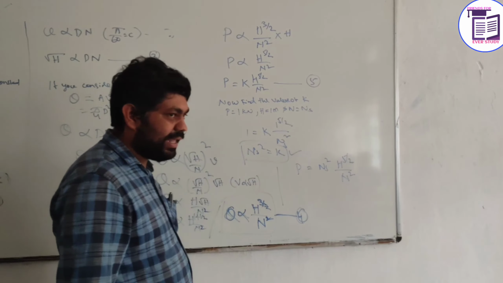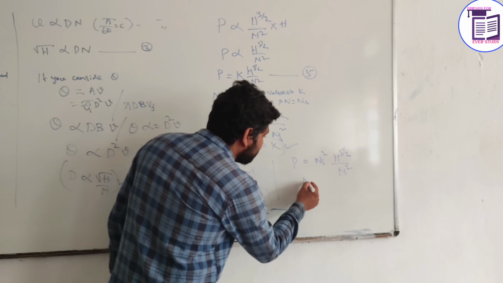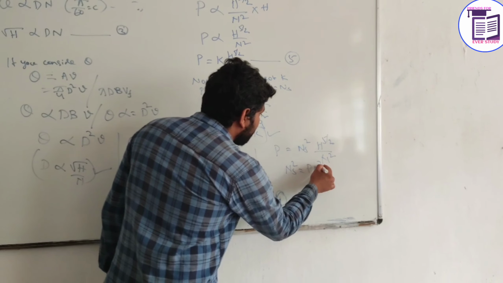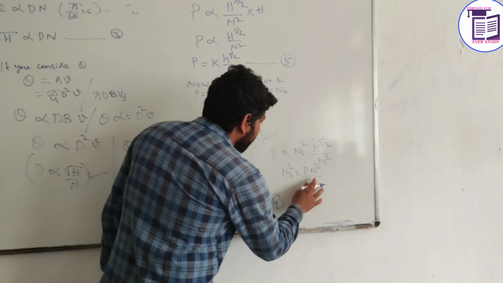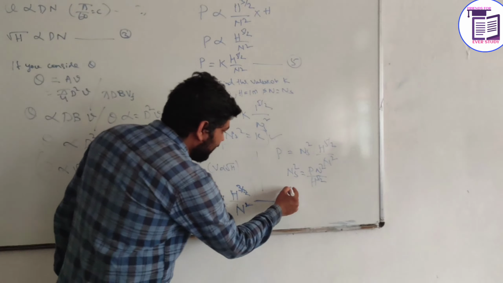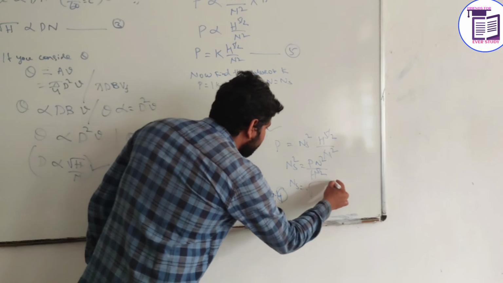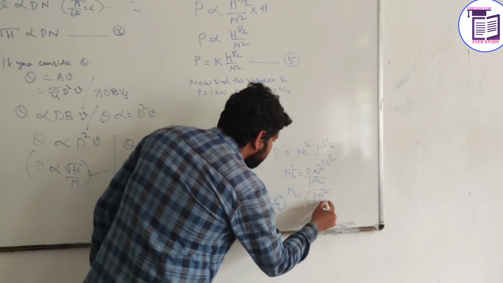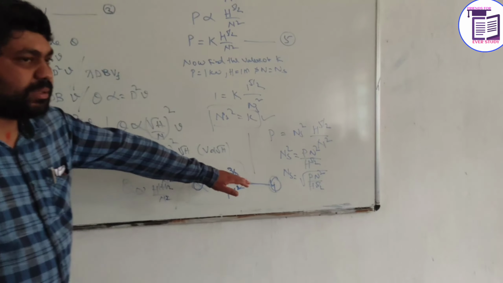Now considering ns, the specific speed, ns square is equal to P n square by h to the power 5 by 2. So ns is equal to root over of P n square by h to the power 5 by 2. This is your specific speed relation.